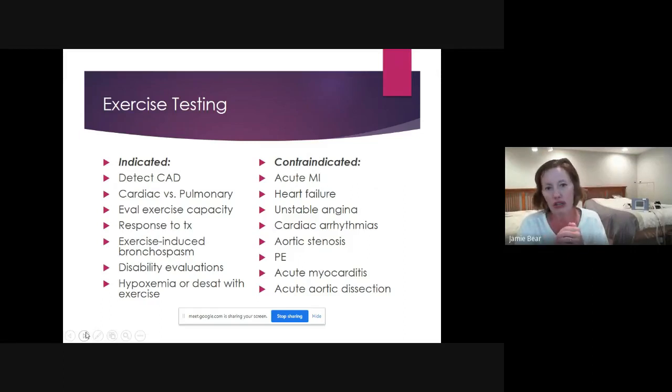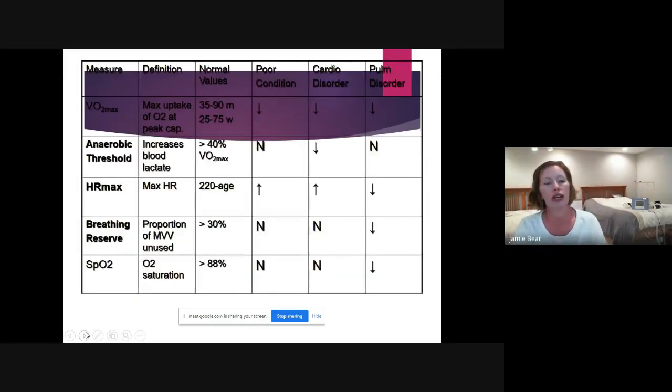It is, of course, contraindicated in many patients when they have an acute instability of disease, so it definitely wouldn't be recommended with any of these contraindications. This is just looking at different values, so the VO2 max, anaerobic threshold, heart rate max, breathing reserve, and SpO2 with different disorders, and what the results would be.